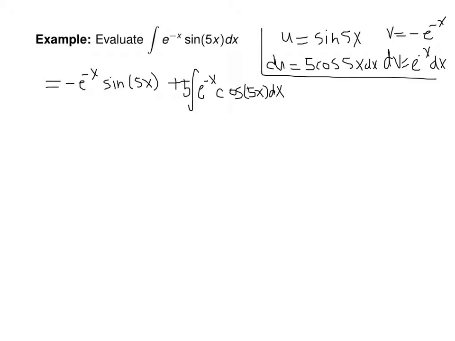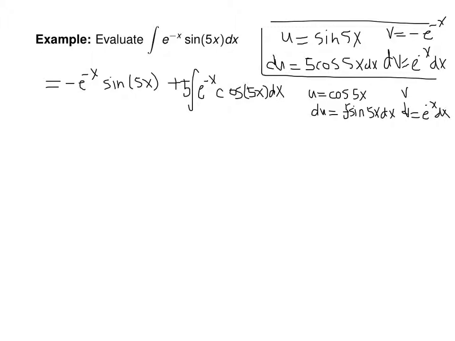And now we'll apply the process again. So we'll let u equal cosine of 5x, du will equal negative 5 sine 5x dx, dv is equal to e to the negative x dx, and then v is equal to negative e to the negative x.